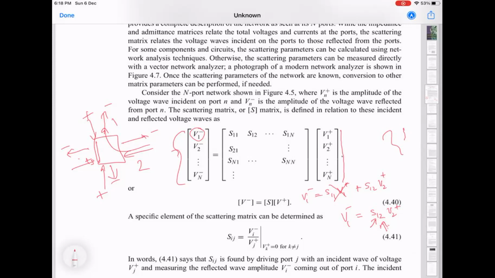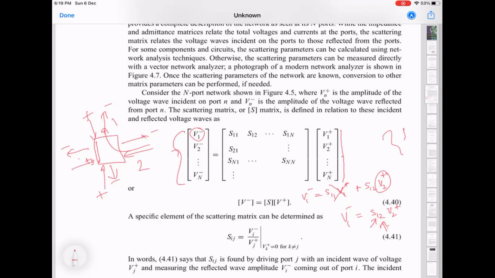So you set all the other excitations to 0 except the one specified by the index. In S12, the 1 refers to the receiving port, but the injection port is the 2. So only V2 can be active, and since it's only 2 ports, V1 was set to 0. If it was a multi-port, all the other V pluses should be set to 0.